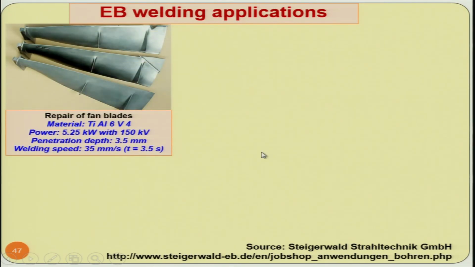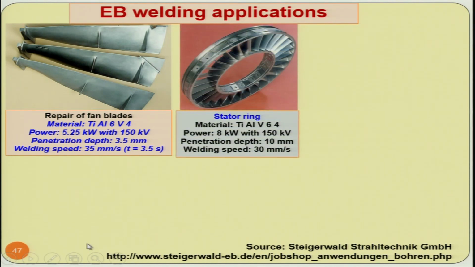Another application, as I mentioned earlier also, is electron beam welding, where in this particular case you can see the repairing of the fan blades. Material is titanium aluminum 6 vanadium, power 5.25 kilowatt with 150 kilovolt, penetration depth is 3.5 millimeter and welding speed is 35 millimeter per second, which is very high in my opinion, and time taken is just 3.5 seconds.